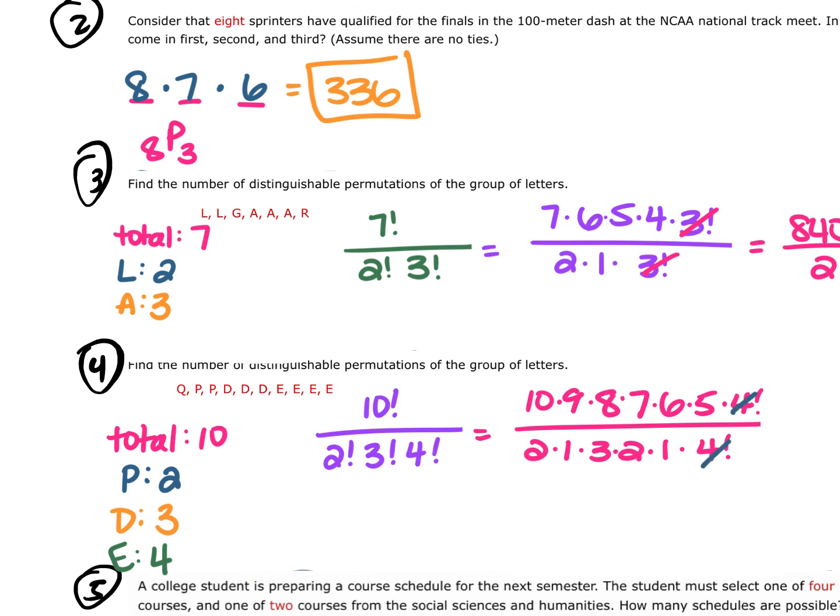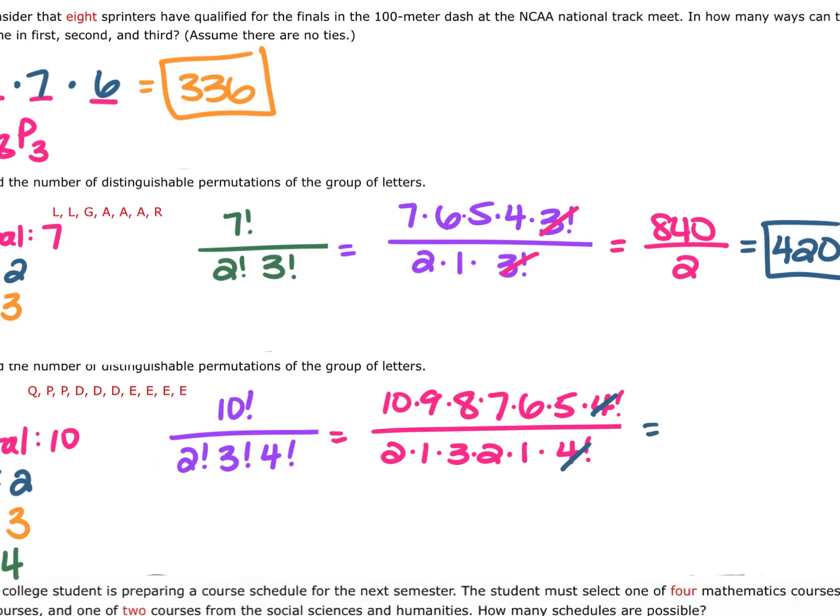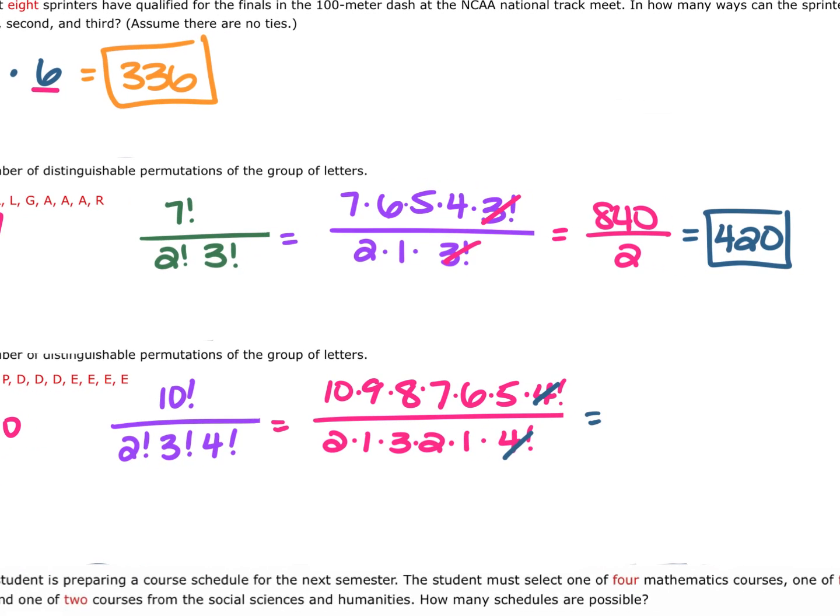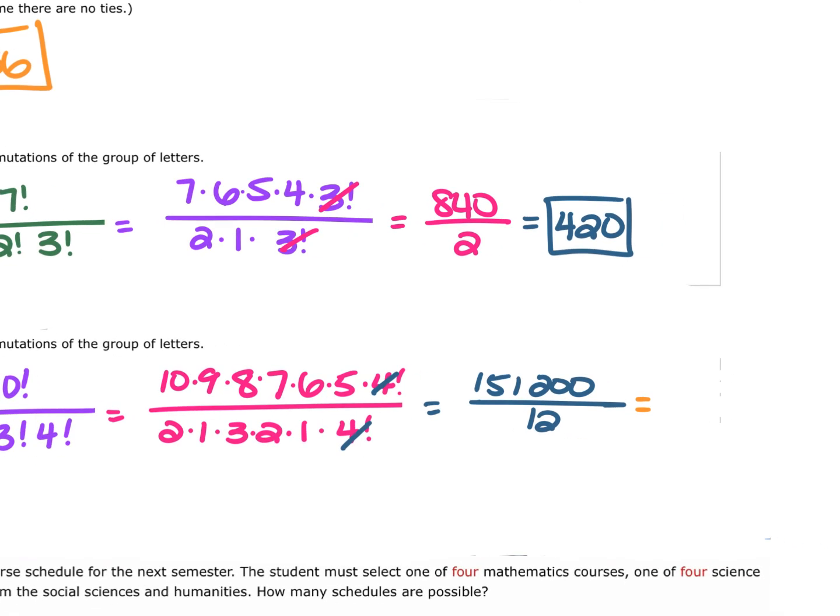Your 4 factorial cancels out on the top and the bottom here, leaving you with the multiplication of 10 times 9 times 8 times 7 times 6 times 5, which is 151,200, over 2 times 1 times 3 times 2 times 1, which is 12. If you divide this out, you would be left with 12,600.